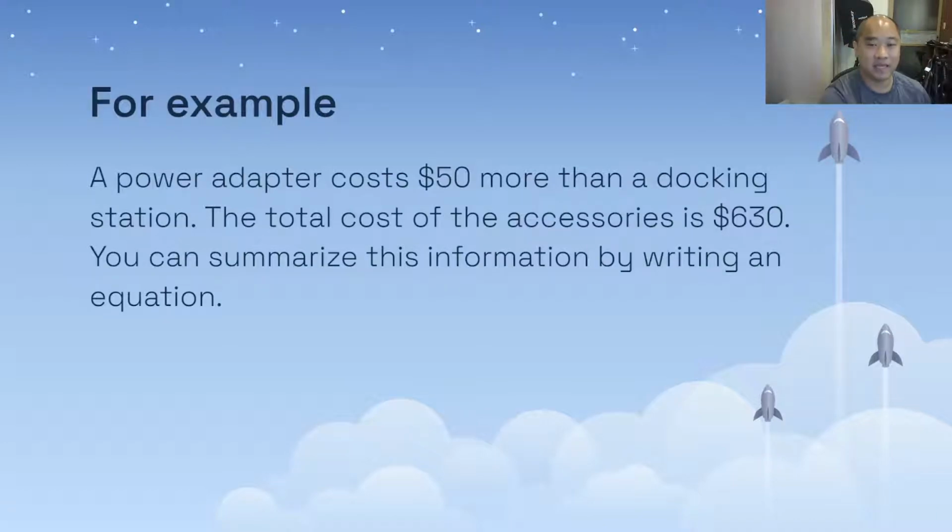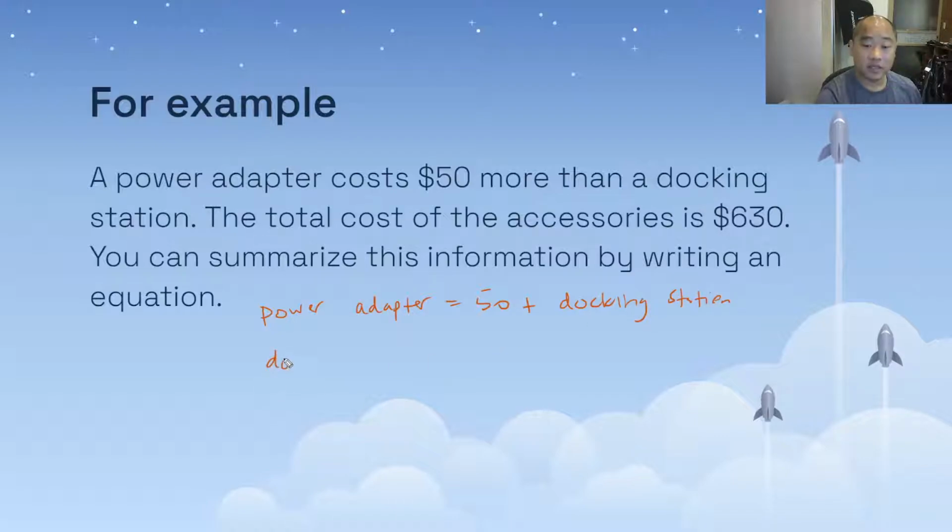A power adapter, that's what you use to plug into your laptop, right? Costs $50 more than a docking station. The total cost of the accessories is $630. You can summarize the information by writing an equation. So the power adapter is 50 more than a docking station.